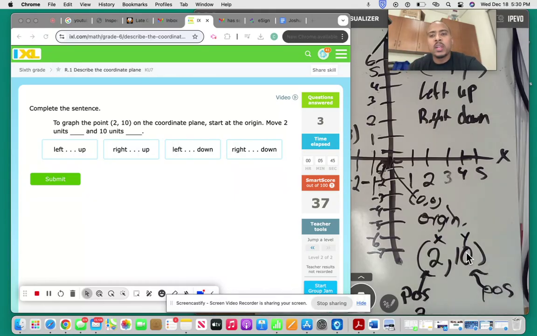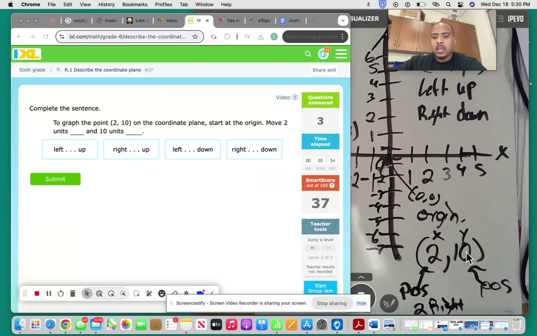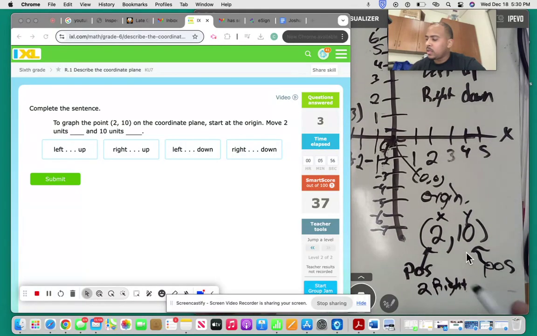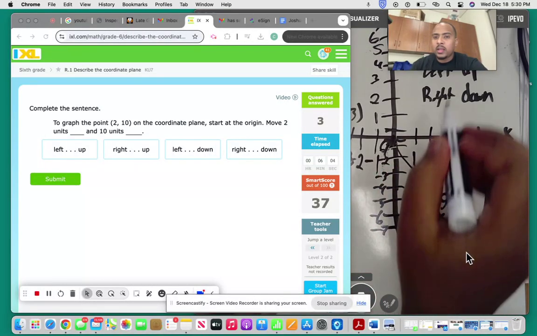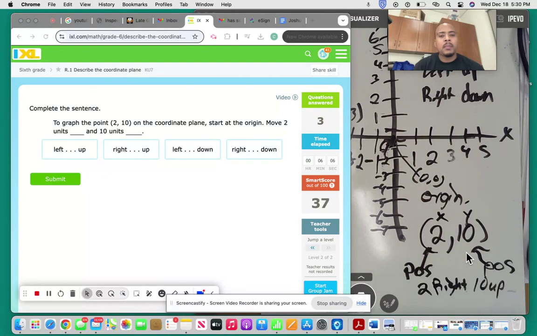Positive numbers, you go what direction? To the right on the x-axis, right? So this saying go 2 right, and then this 10, there's only one other direction that gives me positive, right? And that's going to be 10 up. So I will go 2 right and 10 up. And that's how I would plot my point.